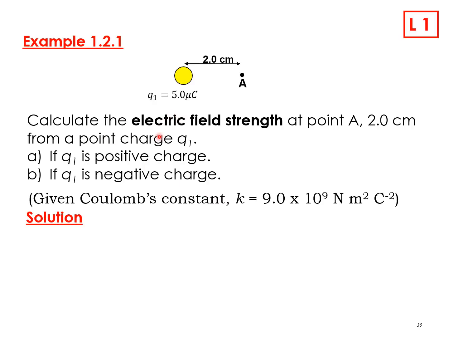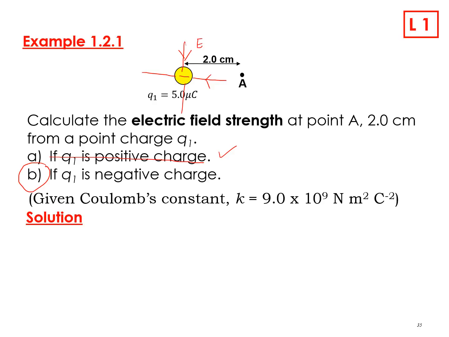Okay, so part A is settled, if Q1 is positive. Now we deal with part B. All the same except the point charge, which is either a positive charge or a negative charge. So for part B it is a negative charge. You draw the direction of the electric field for an isolated negative point charge. I'm sketching the direction of the electric field line.